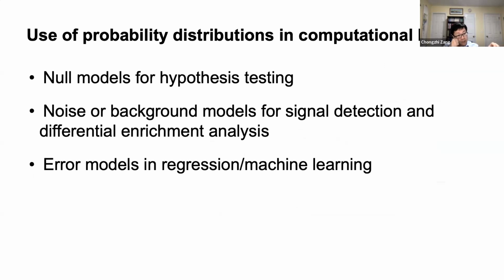All right. So the use of probability distributions in computational biology includes establishing or setting the null models for hypothesis testing. We'll go into details about both concepts, null hypothesis and hypothesis testing.